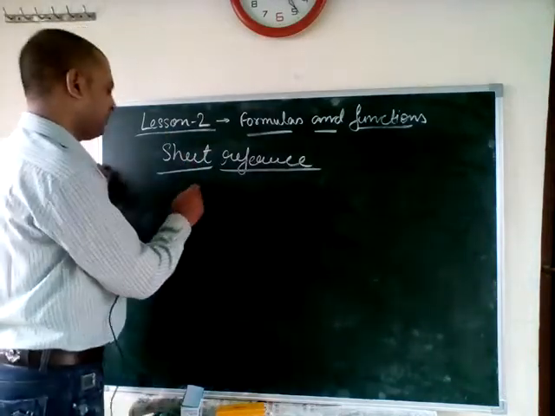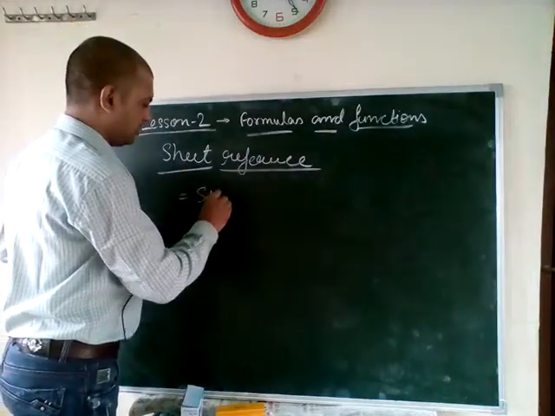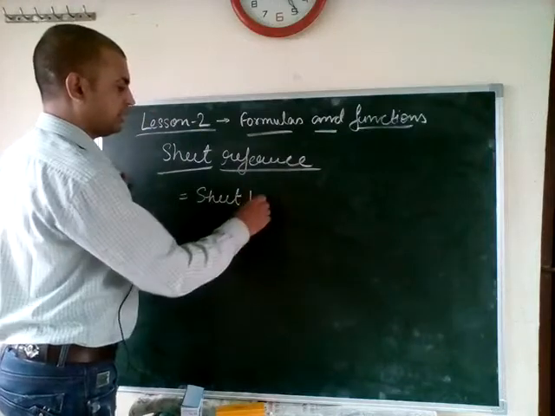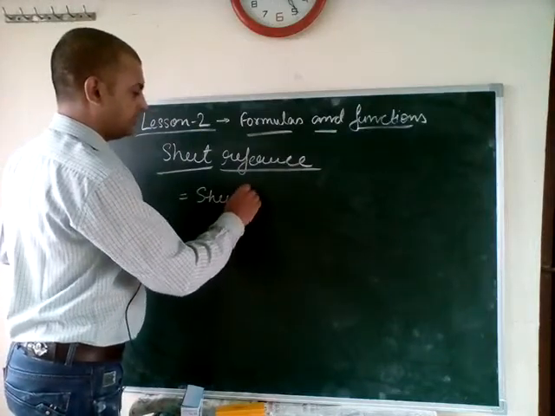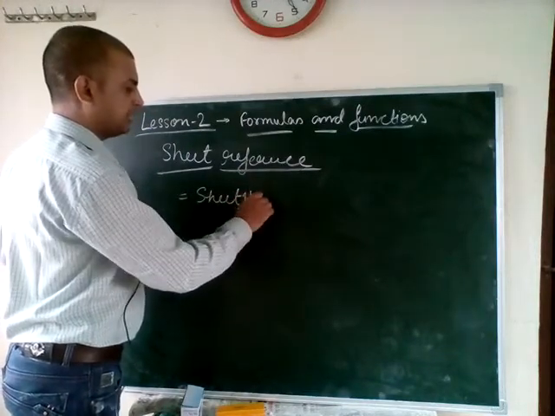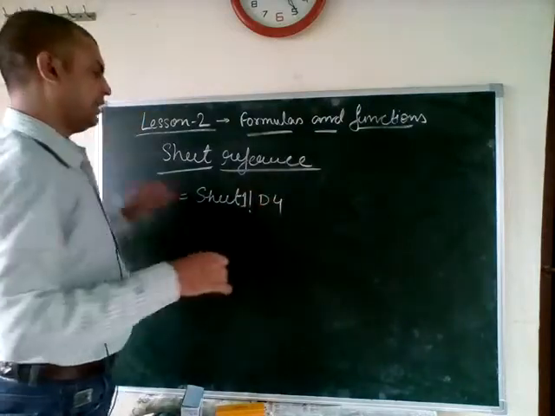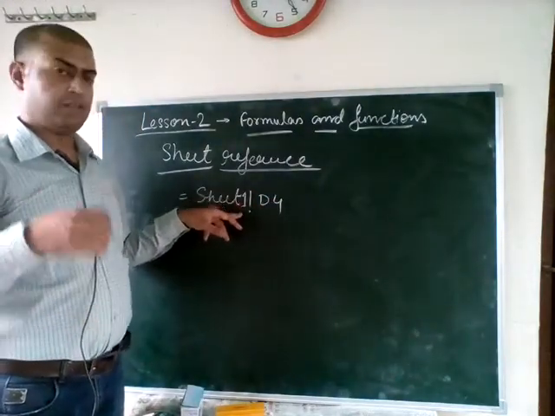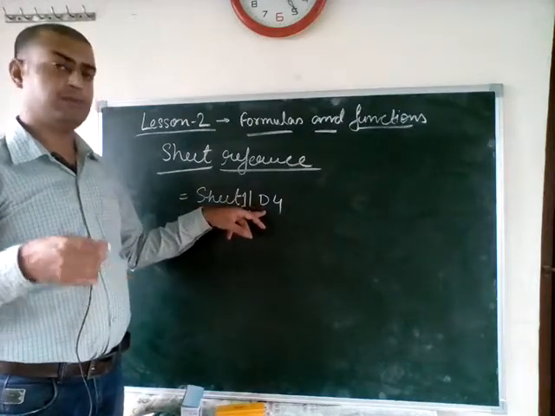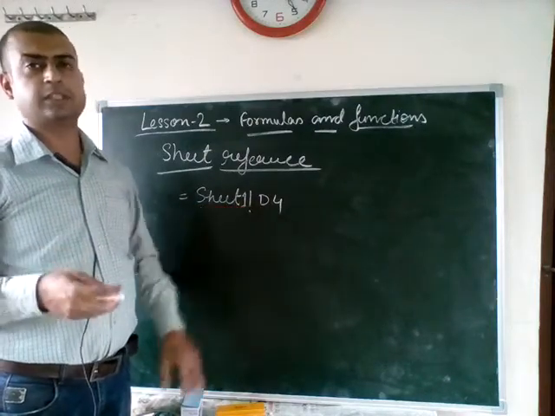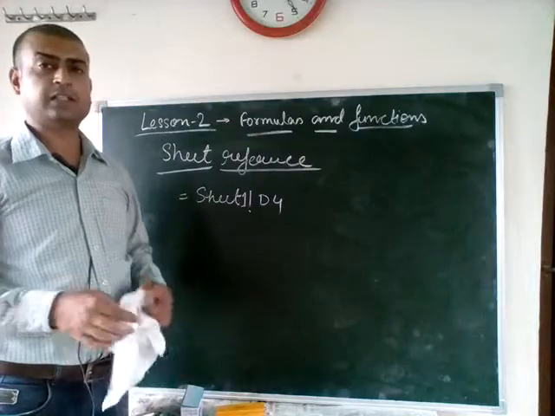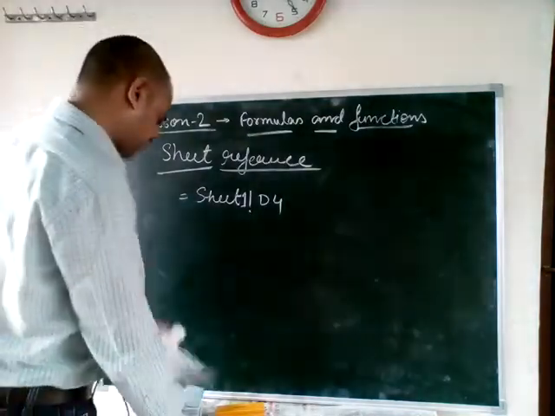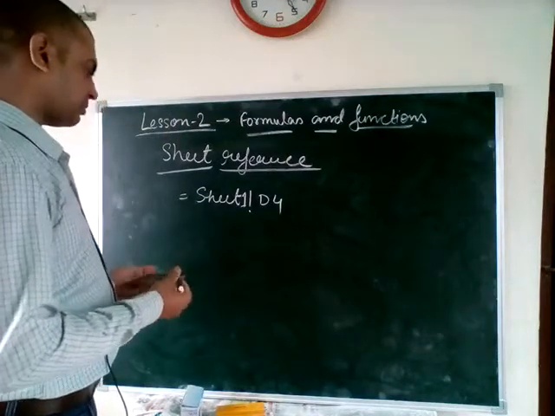For example, equal to Sheet1 exclamation mark D4. Then the value in Sheet1 at position D4 will be called in the current sheet. This is the way by which we can call the sheet reference.